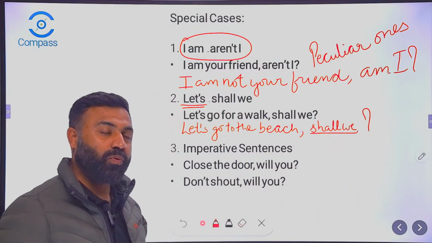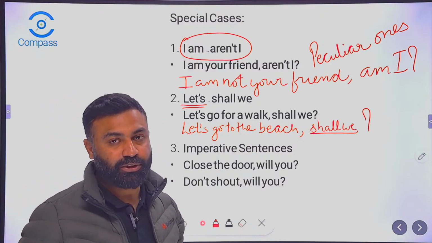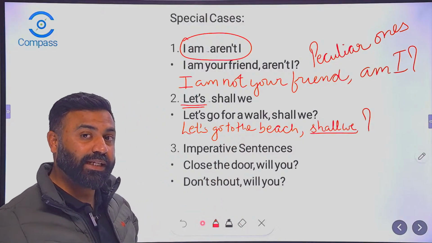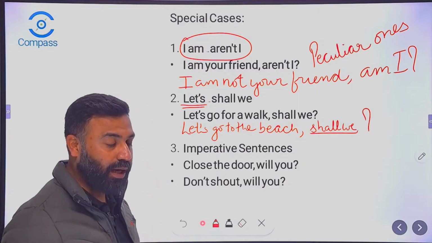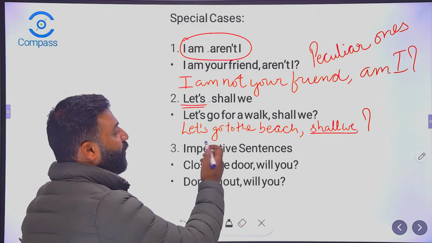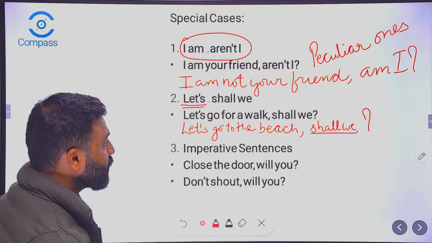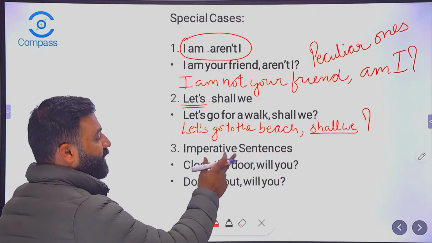So when a suggestion or some proposal has been given to you, or you find a proposal in the sentence, let's go for a walk, that's a suggestion, that's a proposal to come. So what are we going to use? We are going to use shall we. So all these are peculiar ones, strange, imperative sentences.